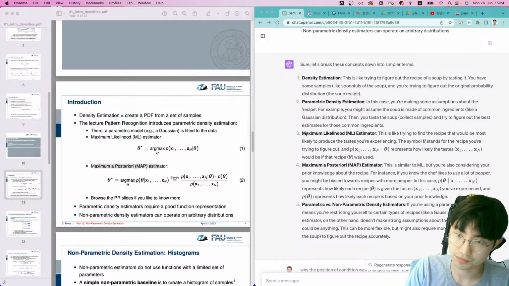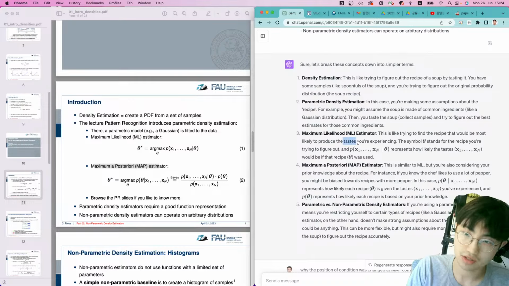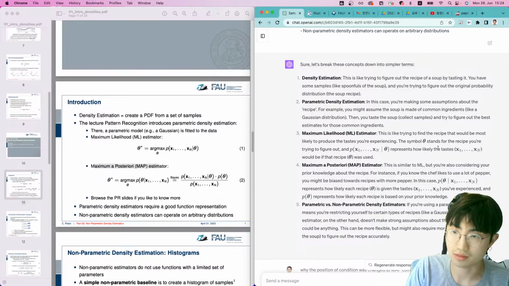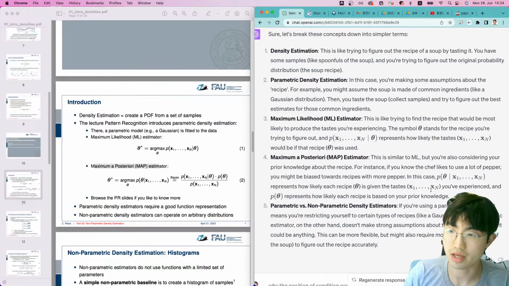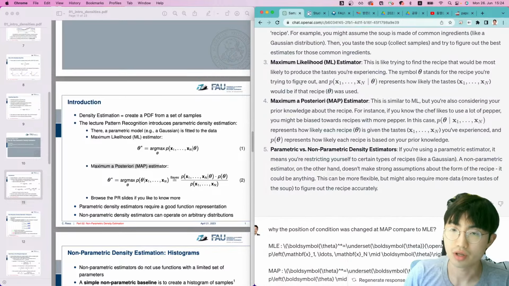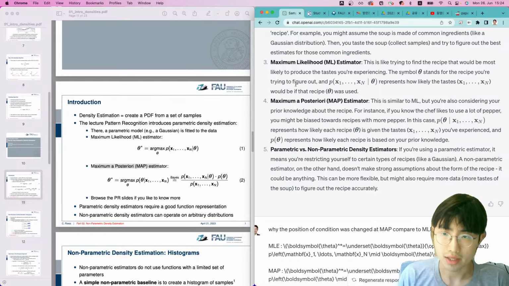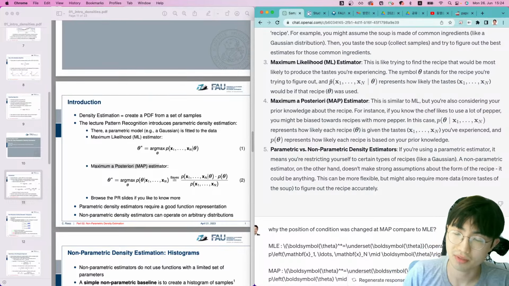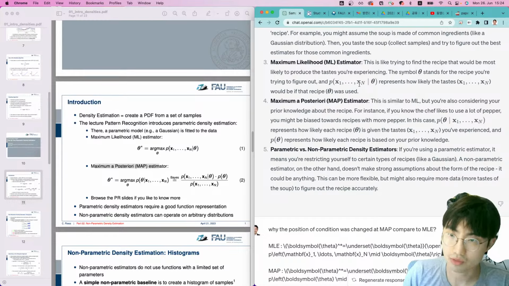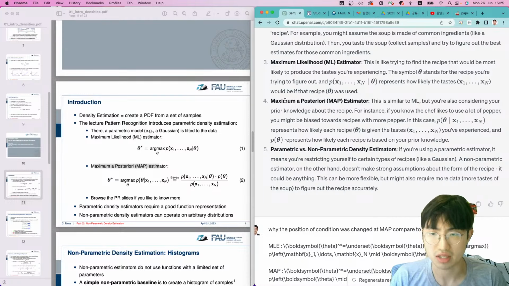In this case, the ML estimator, maximum likelihood estimator, is finding the recipe that would be most likely to produce the taste you are experiencing. Here, the symbol zeta stands for the recipe you are trying to figure out, and the probability of x1 to xn given zeta represents how likely the taste would fit if the recipe zeta was used.